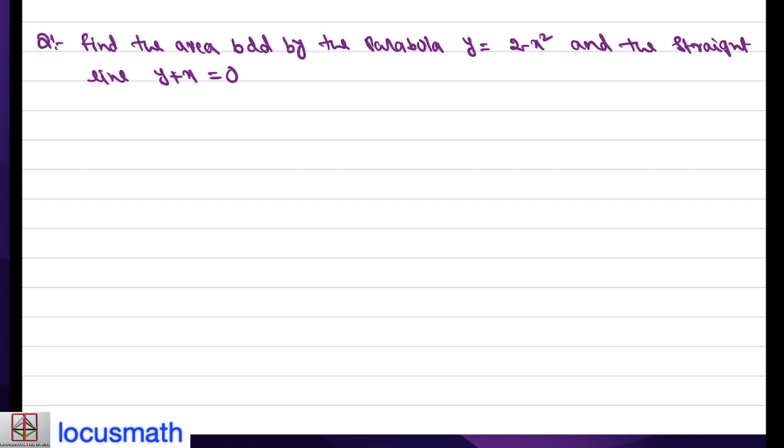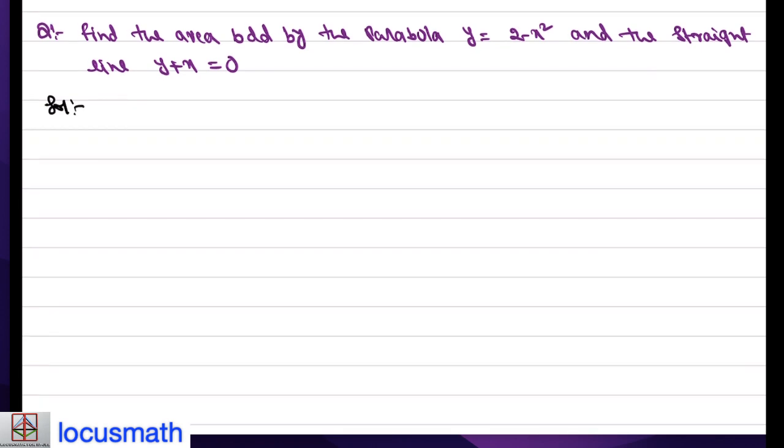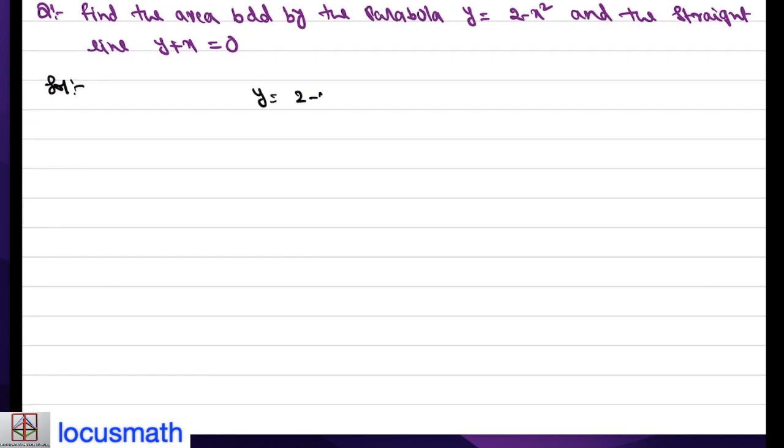So this is the question. Solution. Here one parabola and one straight line are given. So y equals 2 minus x square is a parabola. This is the first one, and y plus x equal to 0 implies y is equal to minus x, which is a straight line.